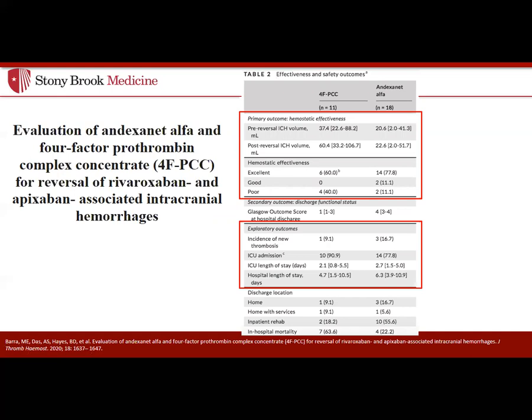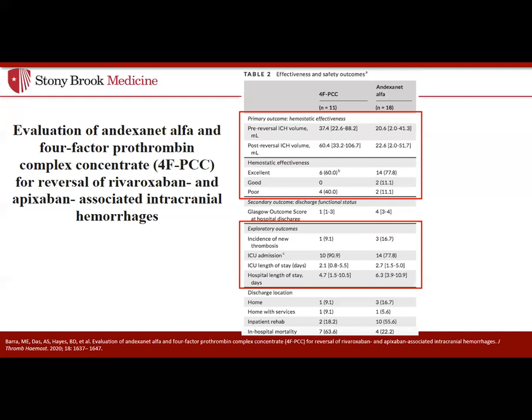But the bigger takeaway from this was the incidence of adverse events. So in terms of thrombosis, 16.7% of patients had a thrombotic event in the Andexxa group, where only about 9% of patients had a thrombotic event if they received the 4-factor PCC. This study also looked at ICU admission, ICU length of stay, and overall hospital length of stay, which was all less in patients who received the PCC over the Andexxa.